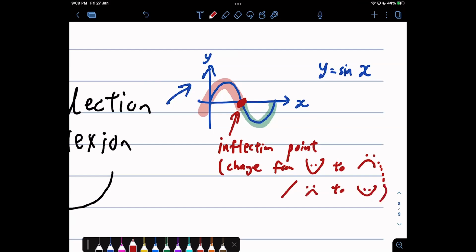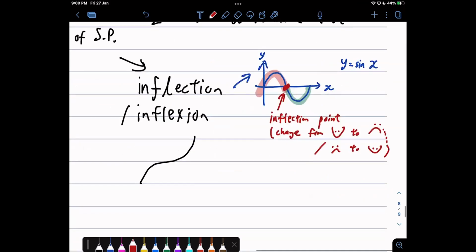The point where you change curvature. The formal way to say it is change in curvature. You can write it down if you want to, but it's not the main point of AMAX. The main point is to focus not on general inflection points, but rather on inflection points which are stationary.